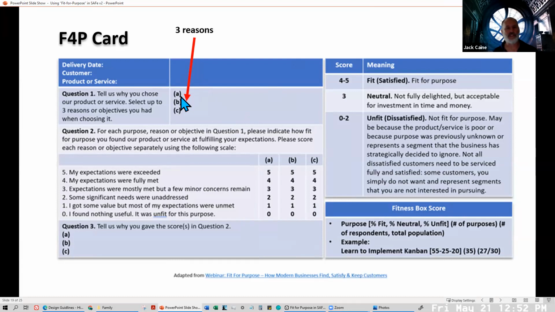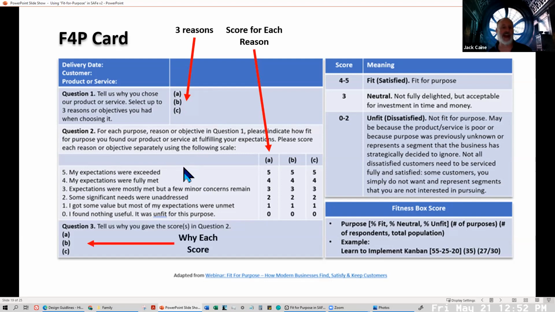Based on these 3 reasons, so far in the transformation, how well are we doing? Are the expectations met for each one of these 3 things you came up with? And then why is that? And that is actionable. So yeah, this could be used in that way too.